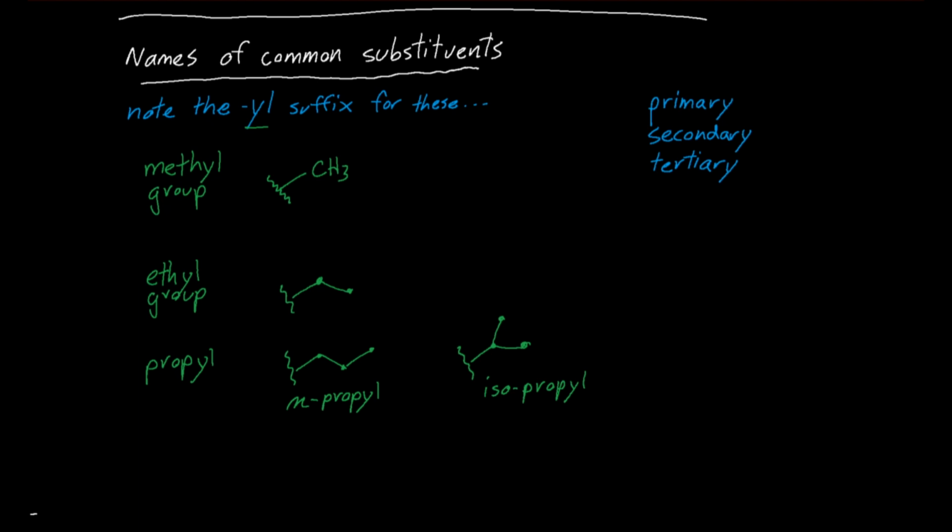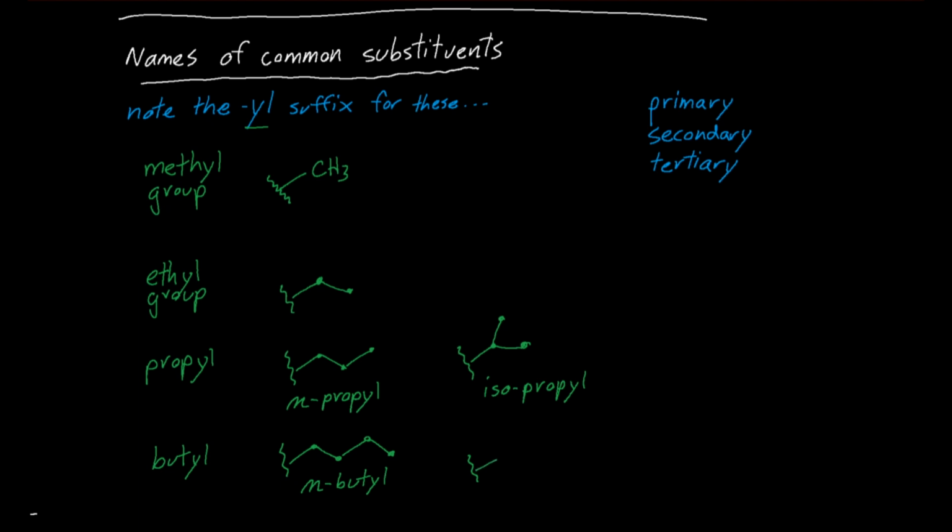And it's kind of funny because it's almost as if they expected no more complicated. And so, you'll see here with the butyl groups, you have more isomers. You have the straight chain version, 1, 2, 3, 4. N-butyl group. You have other versions.